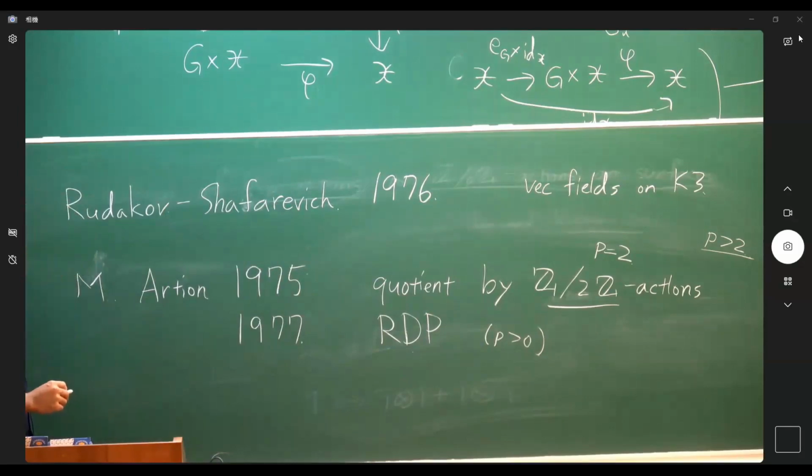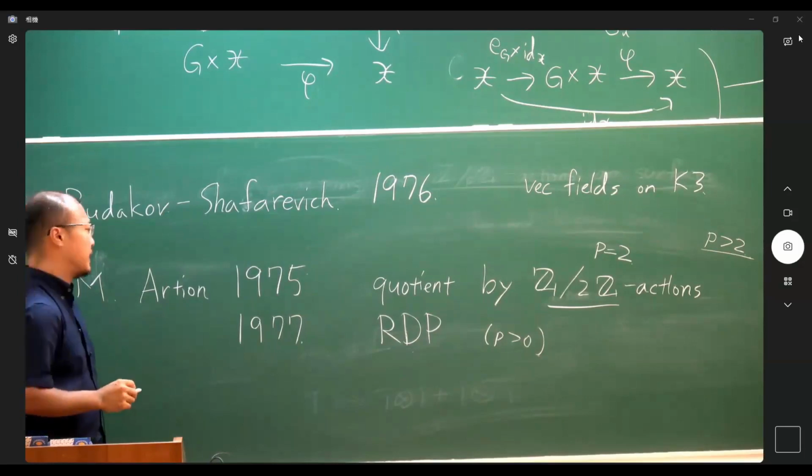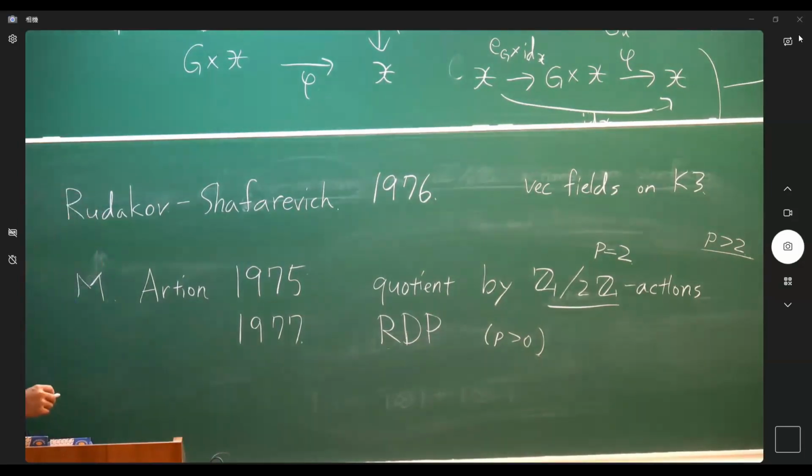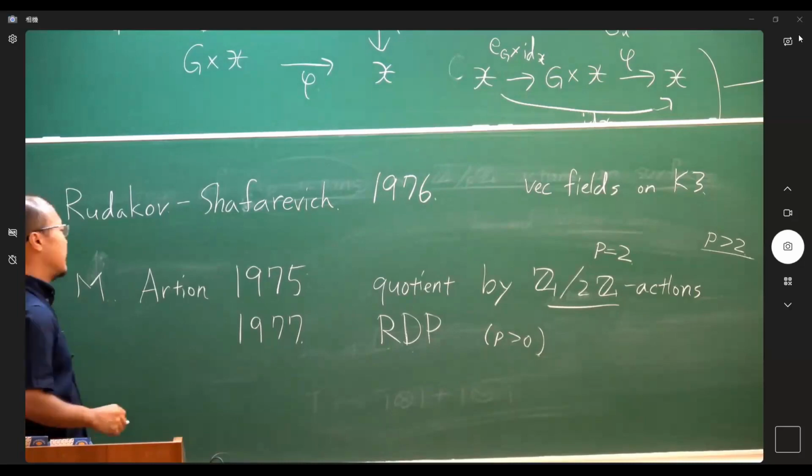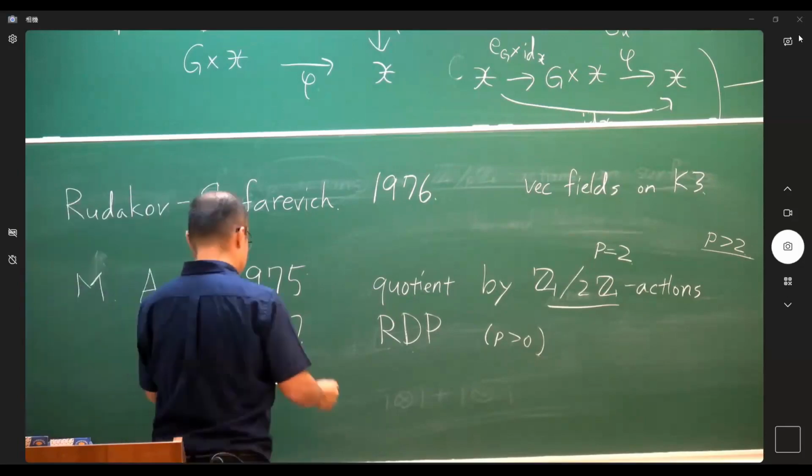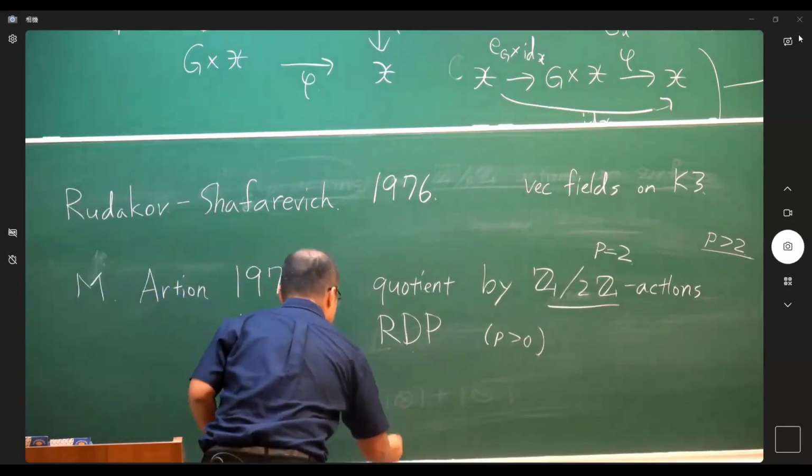So the ADE Dynkin diagram cannot determine the analytic isomorphism class in the positive characteristic case. It's different from the characteristic zero case.